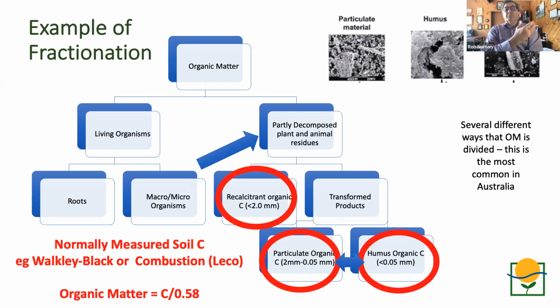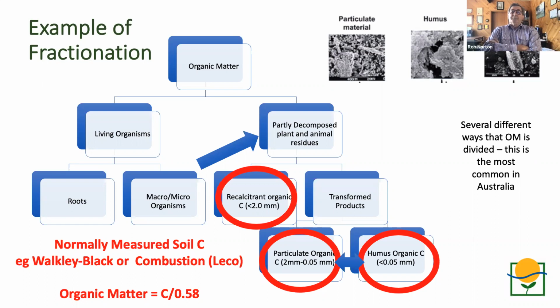And they're all based on size. Recalcitrant organic materials are often charcoal in the soil. And there can be quite a lot of charcoal in soils, particularly in our region in the Wimmera, where we're on old grasslands that were burned, and there is maybe 20% of the organic carbon that comes out is actually recalcitrant, and that's effectively non-reactive.